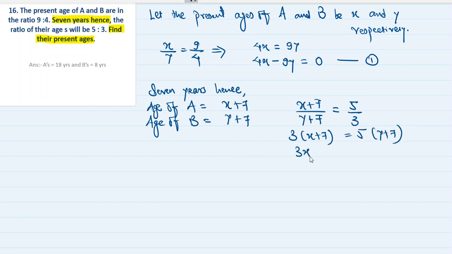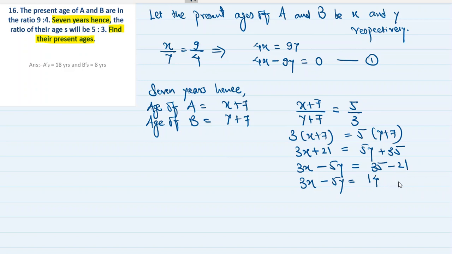So that is 3x plus 21 is equal to 5y plus 35. So 3x minus 5y is equal to 35 minus 21, which is 14. This is equation number 2.